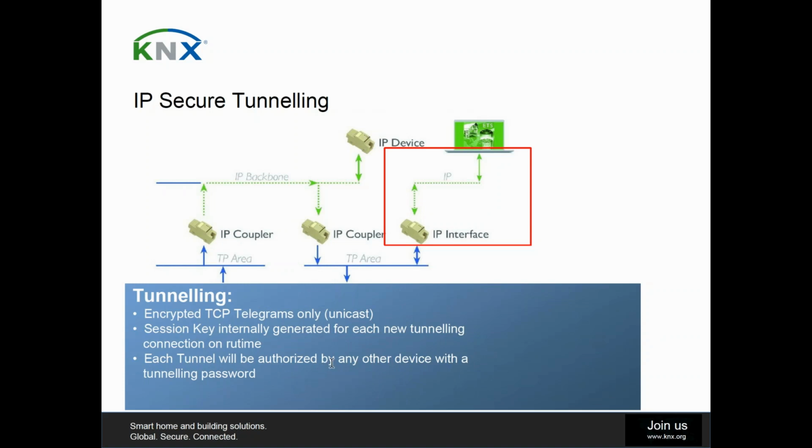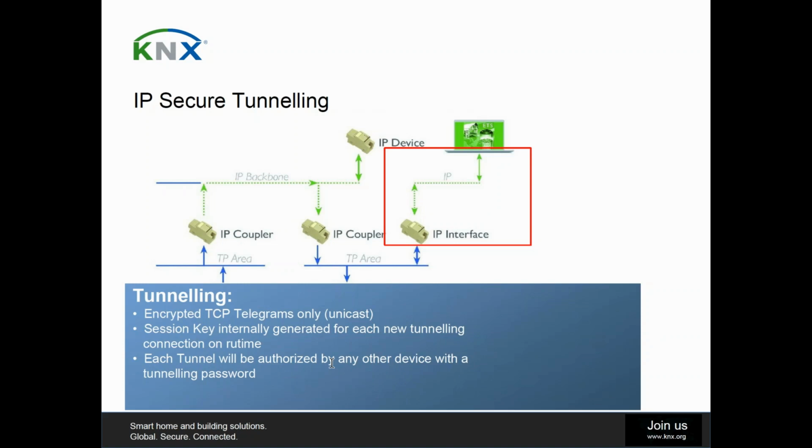We have to give a tunneling password for each tunnel. It will be used only once, and then they will generate a new password out of a randomizer, and with that it will be communicated as long as this session is valid. That means even more security.